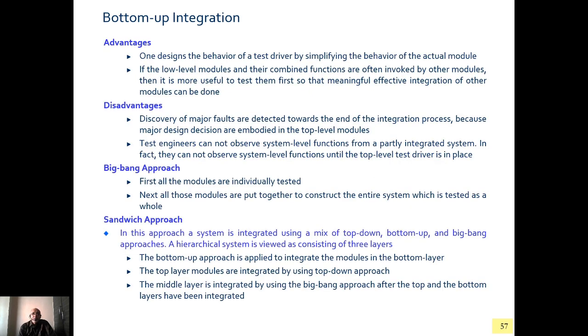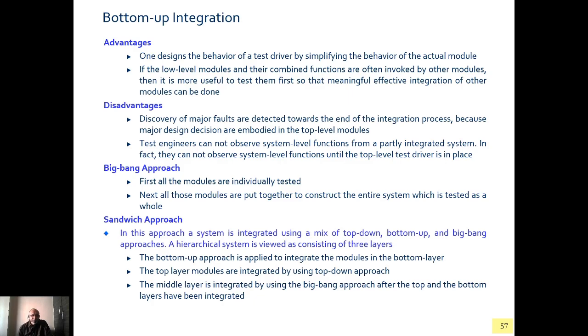So we come to the last few slides, with one or two merits and demerits. Big bang, that is, first of all check the modules individually and put them together. So this is not the best of the breed approach. Big bang kind of a model, we have seen the demerits of that.